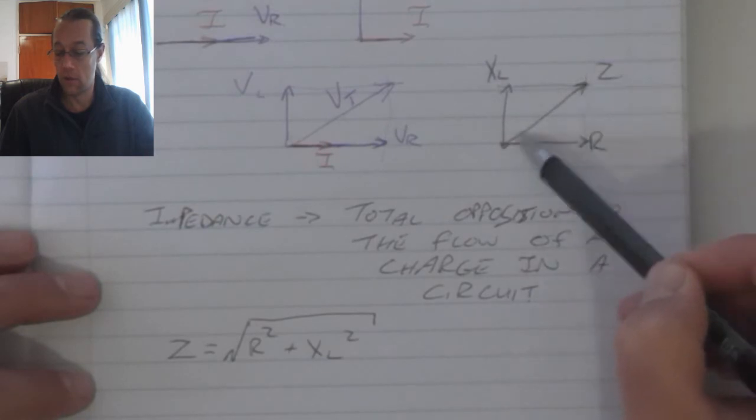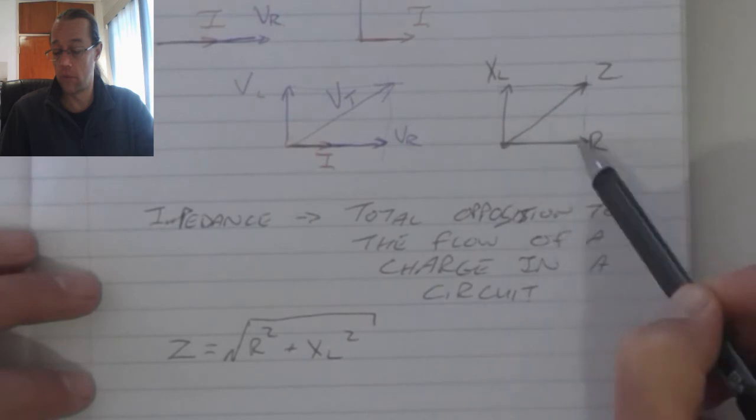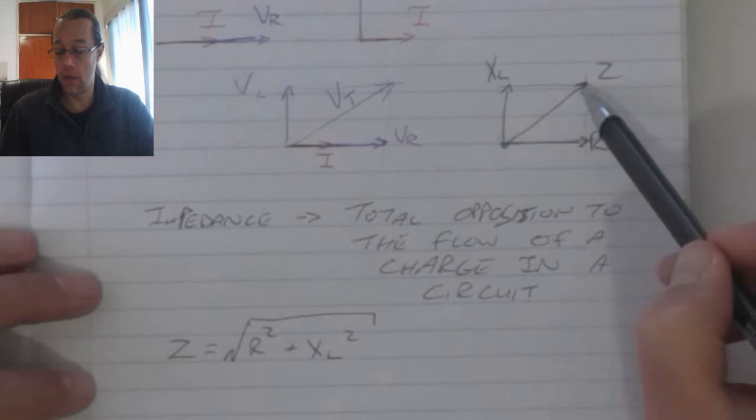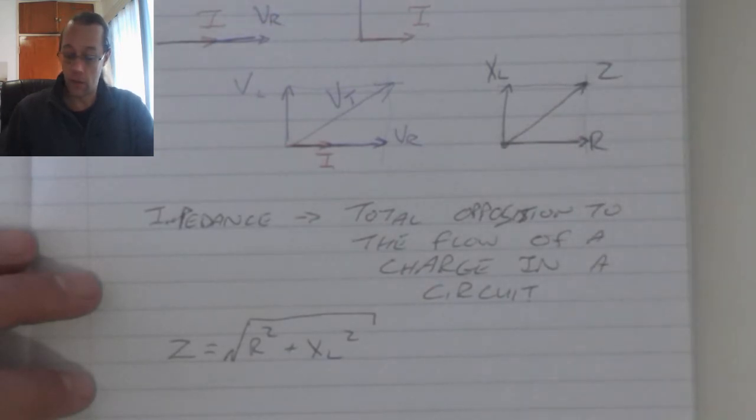Z is my diagonal, R is my horizontal, and XL is the same as that height there, which is my vertical.